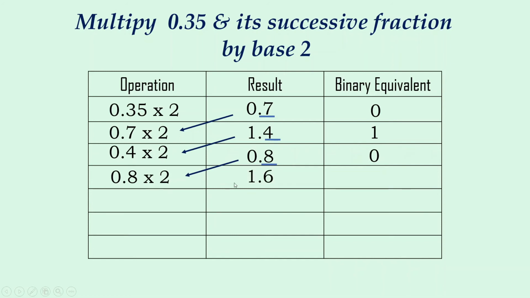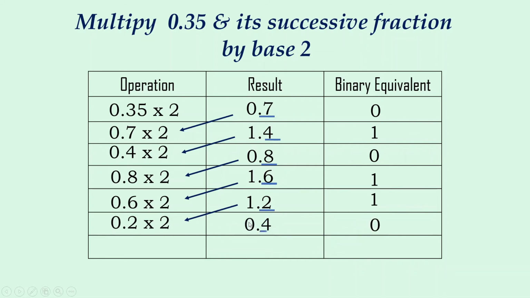So we will get 1.6. 1 will be the binary equivalent. We will move 6 for operation. 0.6 into 2, we will get 1.2. 1 again will be the binary equivalent. Then this 2 again multiplied by 2 gives 0.4, and 0 will be the binary equivalent.